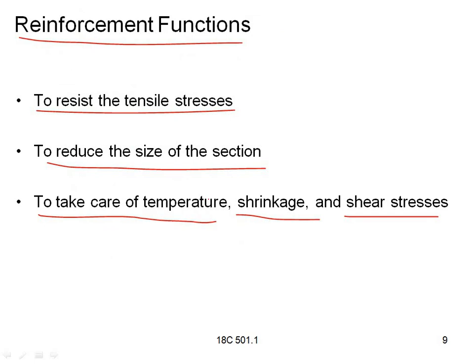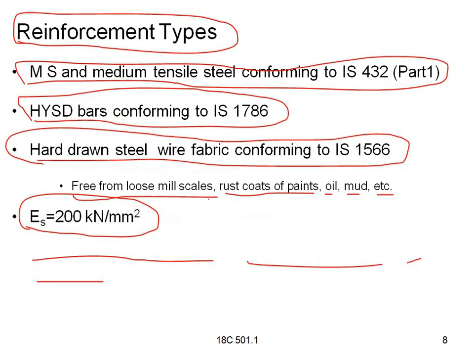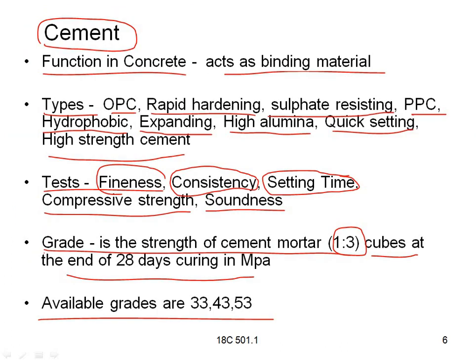So here we have so many functions that we have seen: what the reinforcement does and what the cement does. What are the functions of cement and reinforcement. These are some of the cement names we have seen. These grades are also obtained by testing in the laboratories.